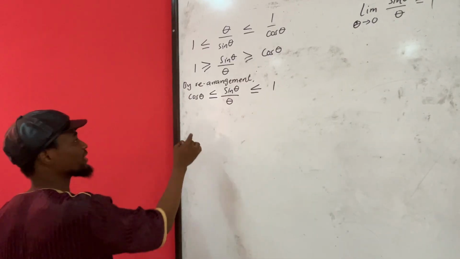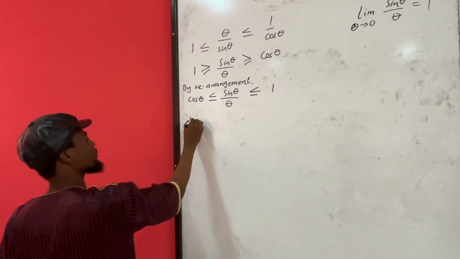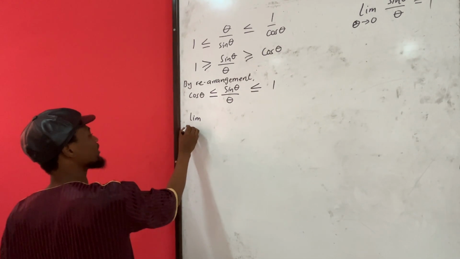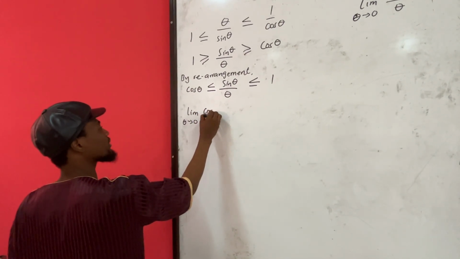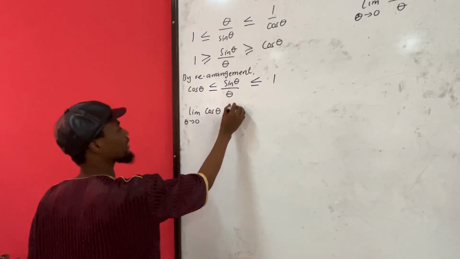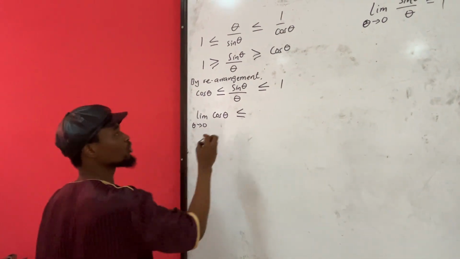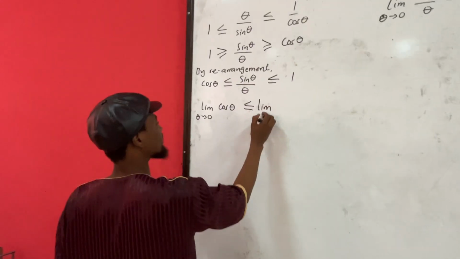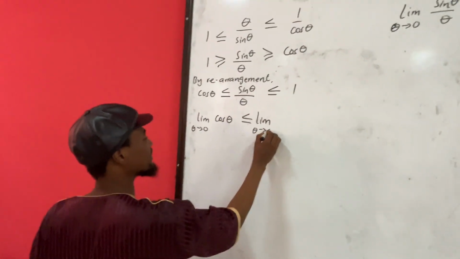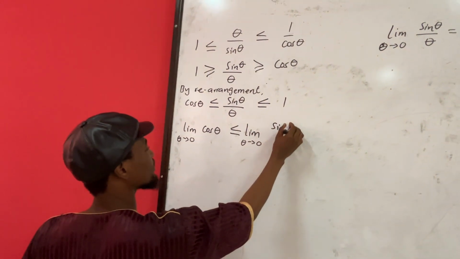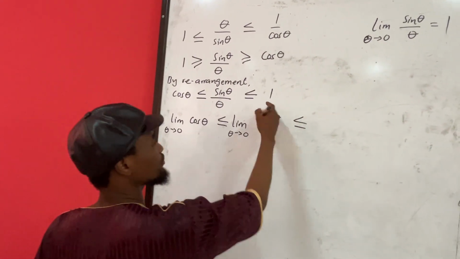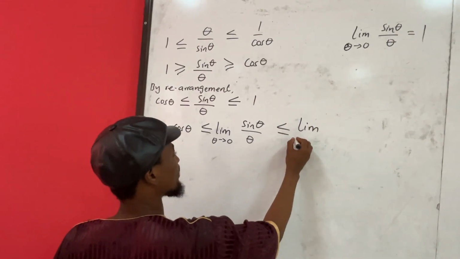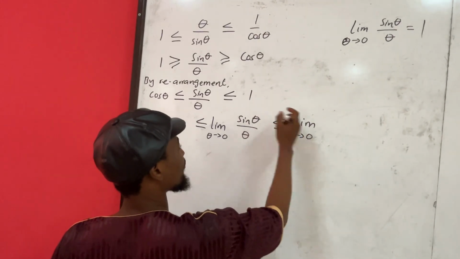So applying the limit would say that the limit as theta approaches 0 of cos theta is less than or equal to the limit as theta approaches 0 of sine theta over theta, less than or equal to the limit as theta approaches 0 of 1.